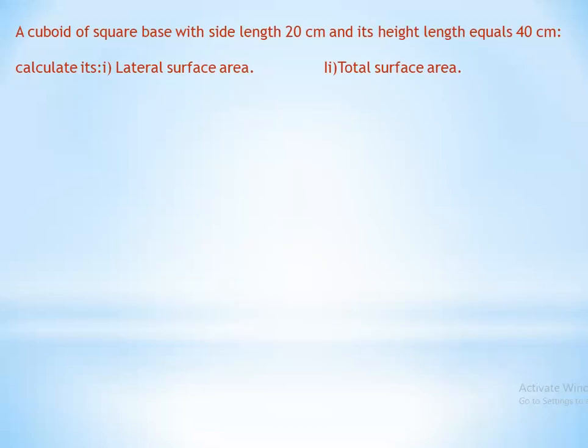A cuboid with a square base of side length 20 centimeters and height 40 centimeters. Let's make the steps. Perimeter of base, side by 4. Why side by 4? Because he told me that it's a square base. So 20 by 4 equals 80 centimeters.